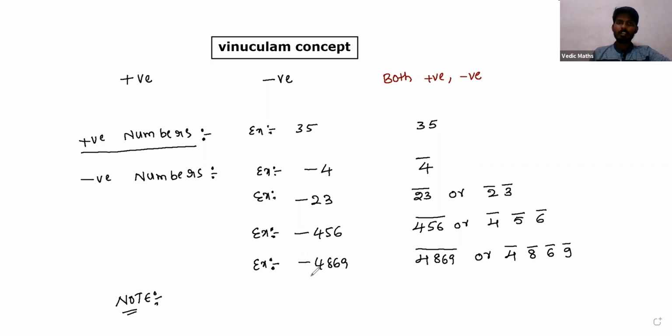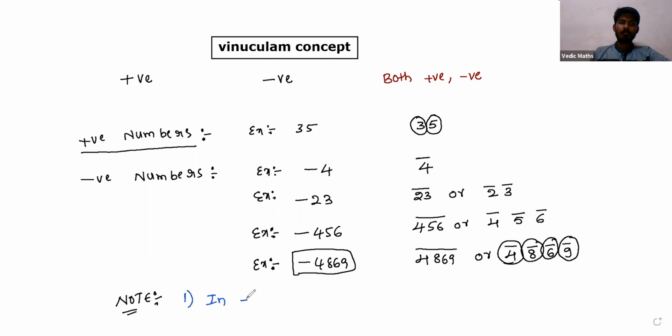Suppose you are taking the negative number -4869, each digit is negative. Yes or no? And if you take a positive number, each digit is positive. So this is the very important point. So what is that point?